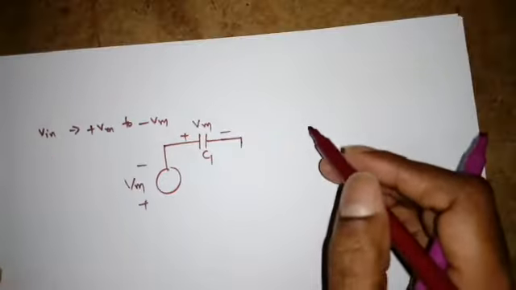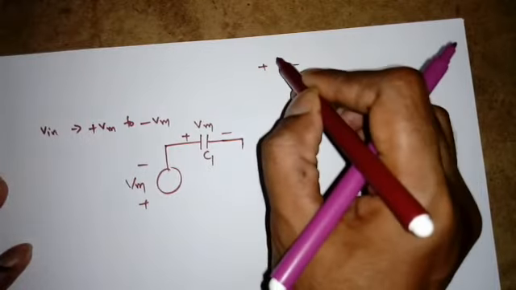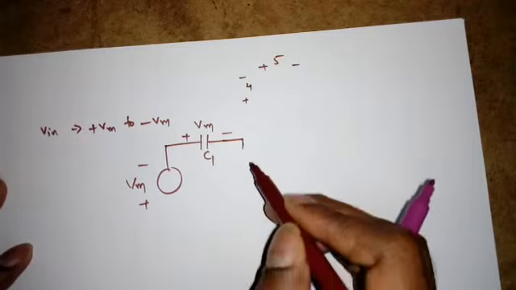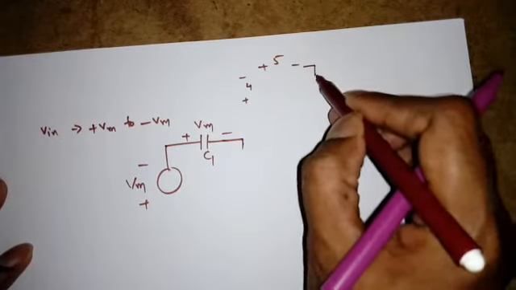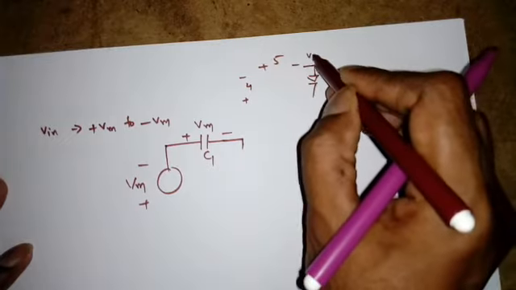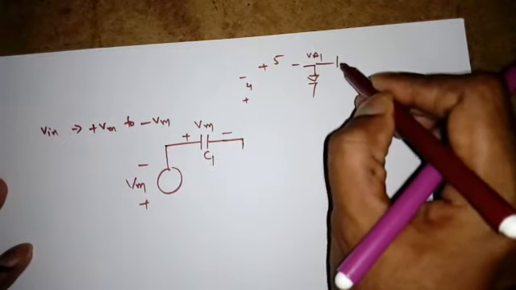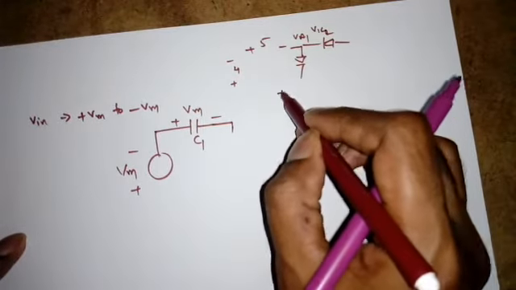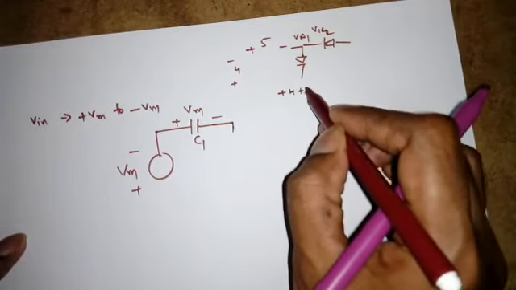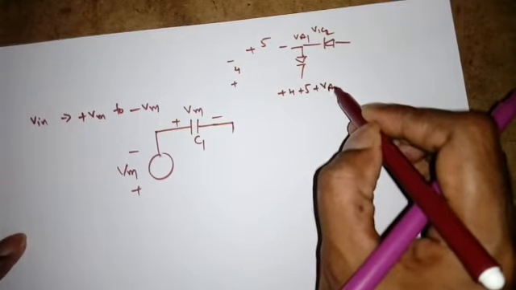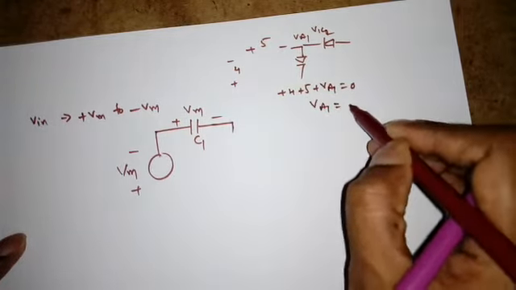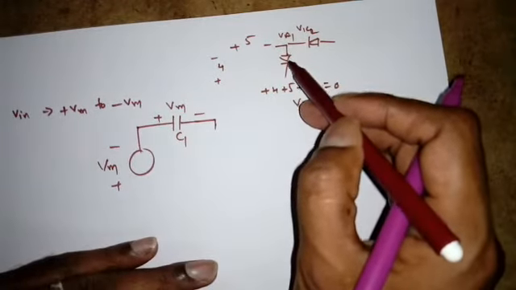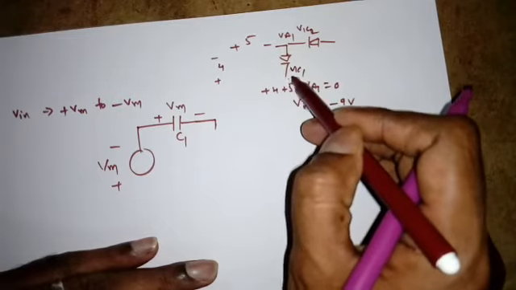For that I'll go like this. Plus minus 5 volts, suppose this is minus plus, suppose I take 4 volts, minus plus, and this is the diode, so I can take VA1, and this is the diode D2, I can take VK2. Apply KVL: plus 4 plus 4 plus 5 plus VA1 equal to 0. So VA1 will be minus 9 volts. That's it. So this is VK1, which is 0.